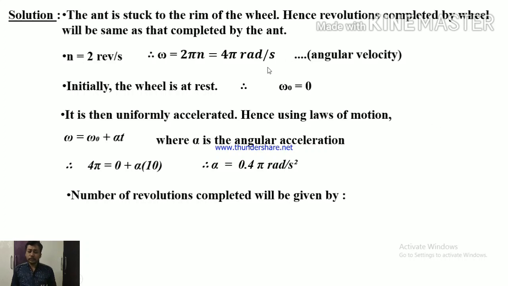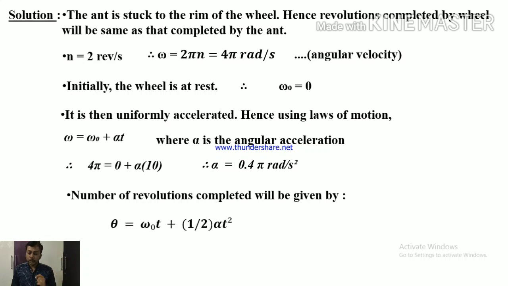From this, first we have to derive the number of revolutions completed. To calculate the number of revolutions, we first find theta. Theta is angular displacement, because in one revolution the angular displacement is 2 pi. So if we know the value of theta, we can calculate the number of revolutions.